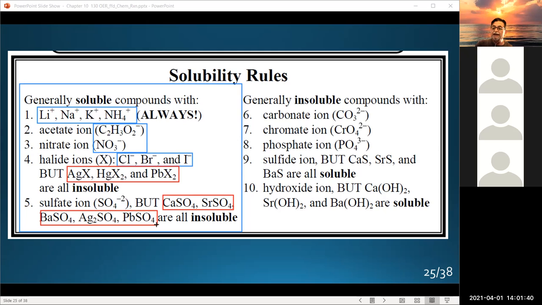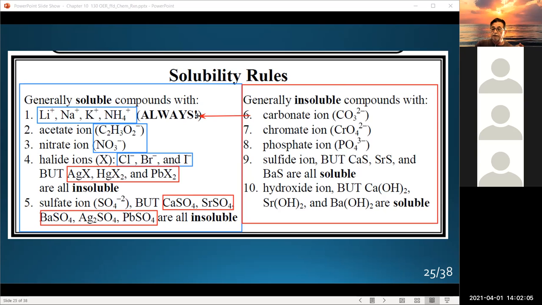Lead sulfate, insoluble. Now, on the other side of the table is the insoluble table. Right? Now, the carbonate. If you have a carbonate in there, always insoluble except, and I repeat that, except if they're bonded with the big four.